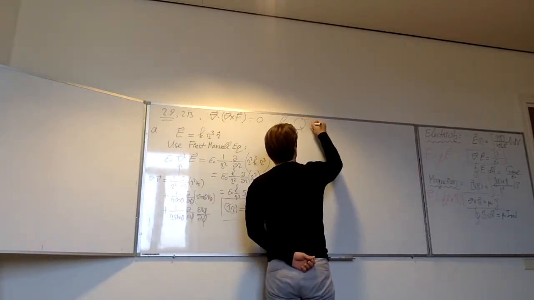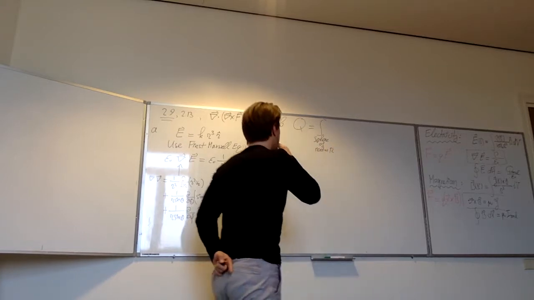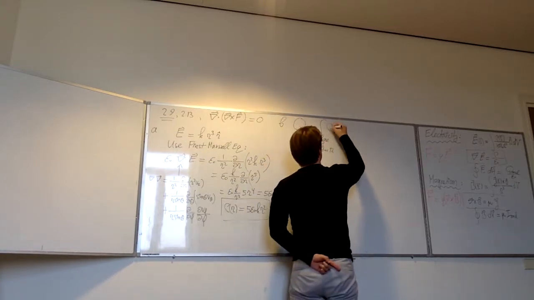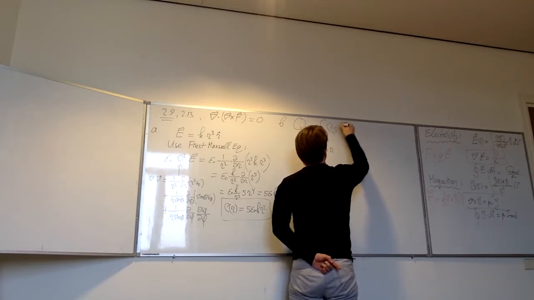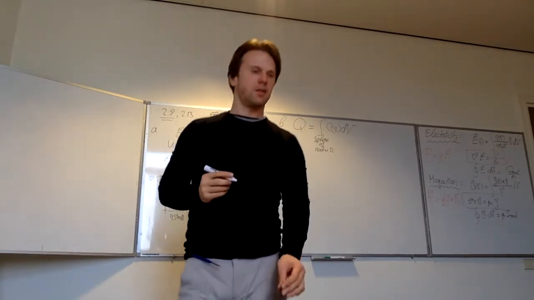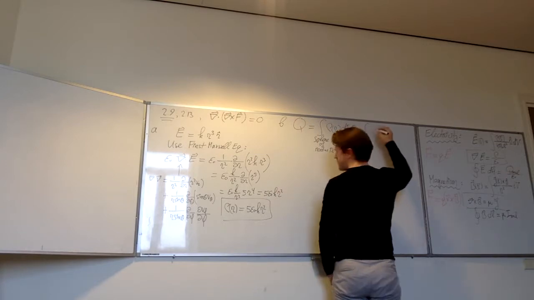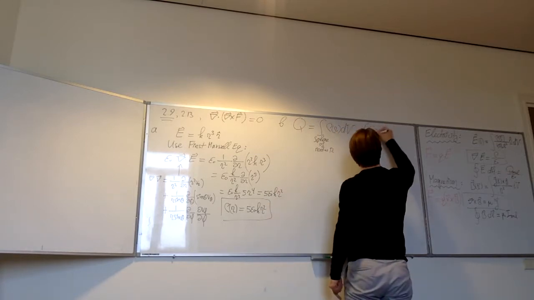The amount of charge in a sphere of radius capital R, just by definition, should be the volume integral of the charge density. And let's put in immediately the charge density we just calculated, which is 5 epsilon 0 k times r squared.